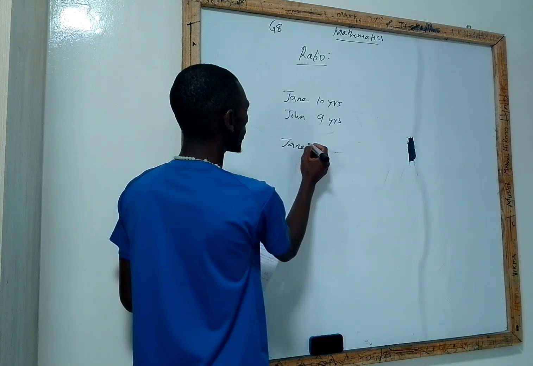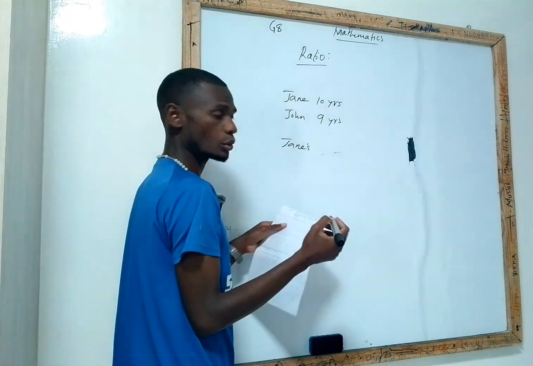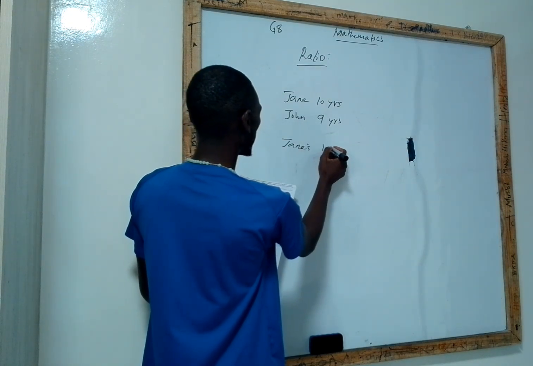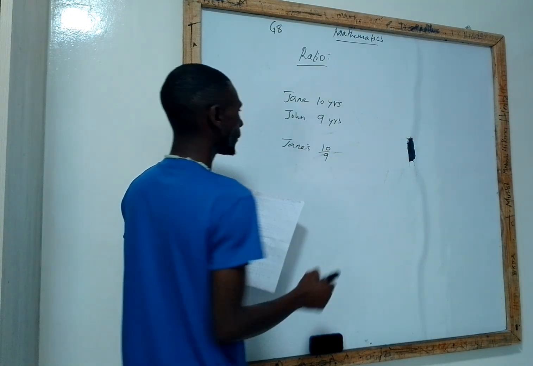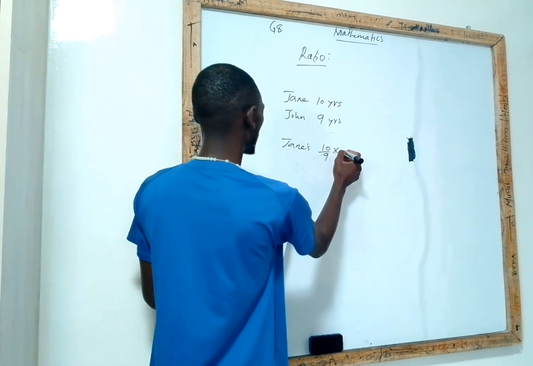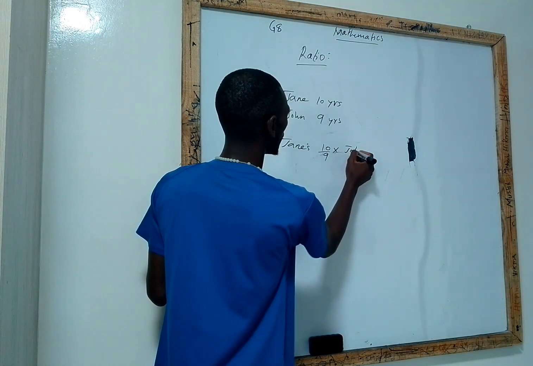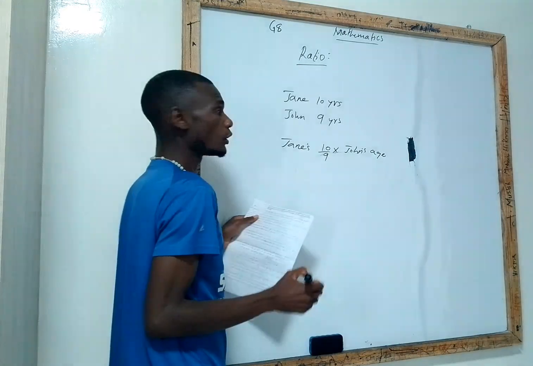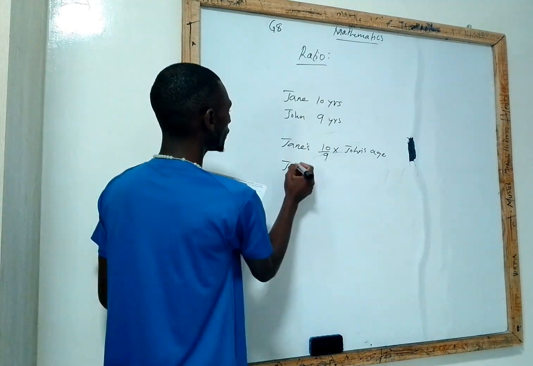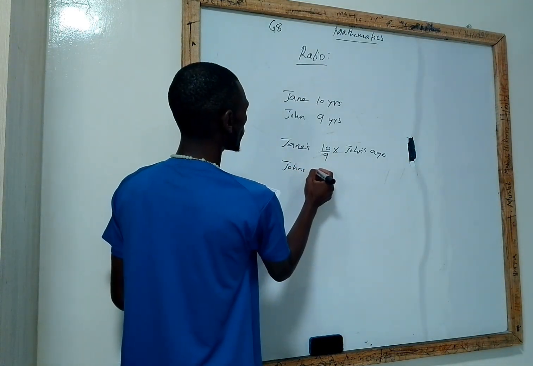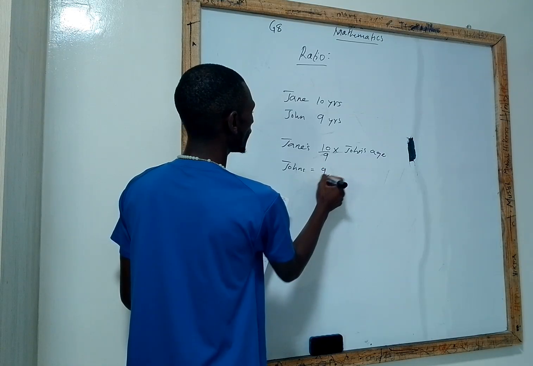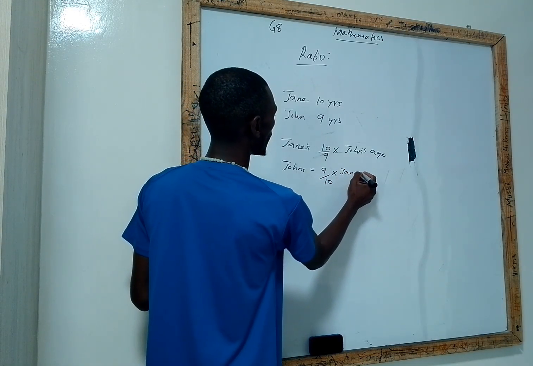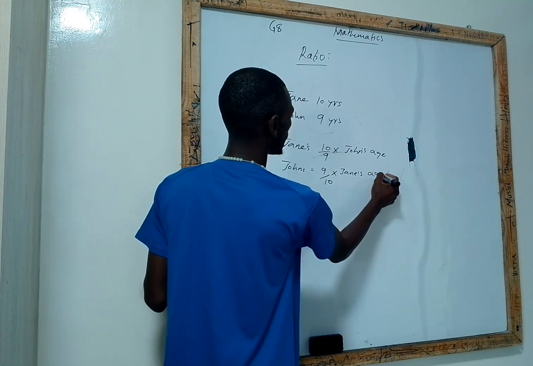If you want to compare Jane's age to John's, you can talk of Jane's age, that is 10 over 9 times John's age. Or John's age can as well be compared as 9 over 10 times Jane's age.